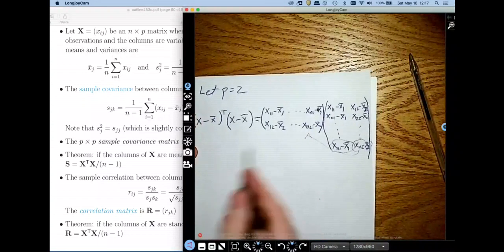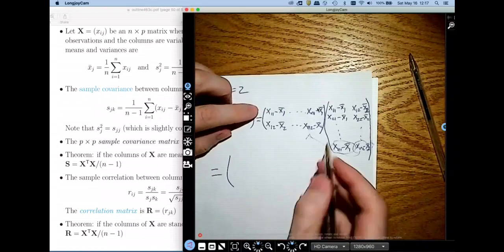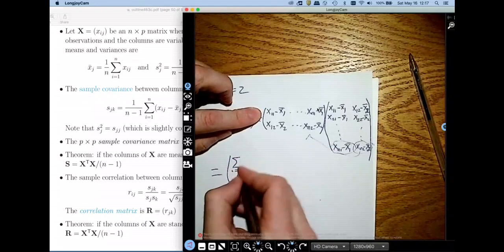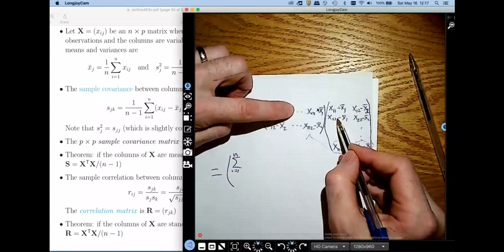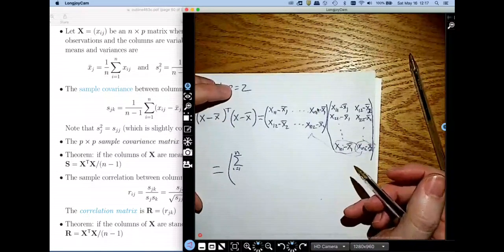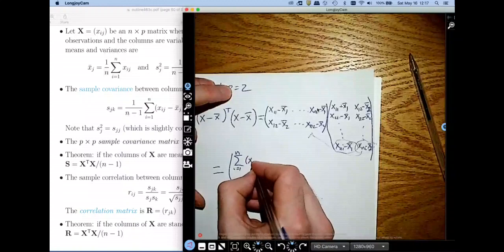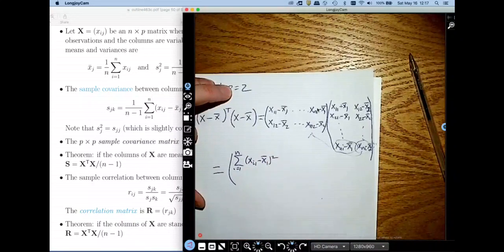So now if I compute this product, let's see what I get. I'm going to get a 2 by 2 matrix, which is equal to, I have to add from i equals 1 to n. So we're going to take this term times this term plus this term times this term, all the way through the last term times the last term. So this is going to be the sum of xi1 minus x bar 1 squared.